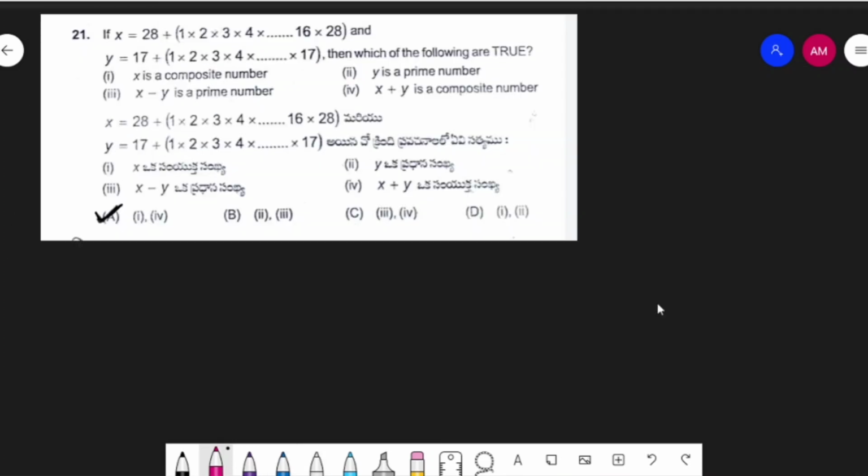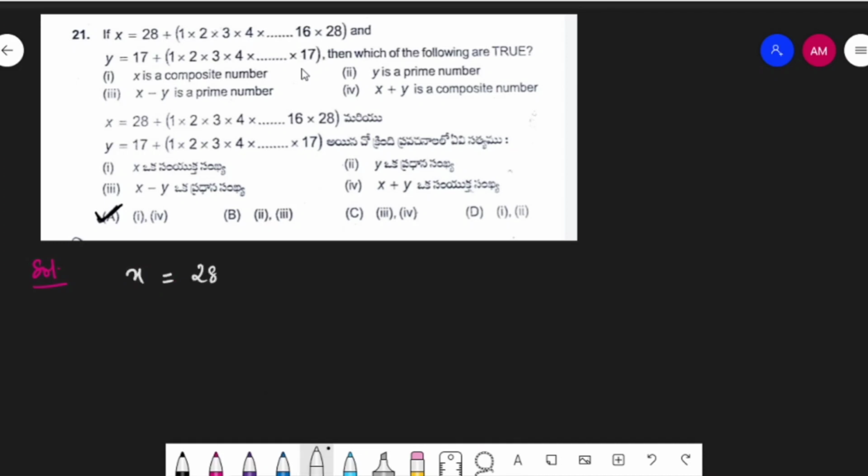Let us move to 21st problem. If x is equal to 28 plus 1, 2, 3, 4, so on into 16 into 28 and y equal to 17 plus 1 into 2 into 2, so on into 17, then which of the following is true? This is a very interesting problem. So x, which one we can take common in these two? 28 is common.